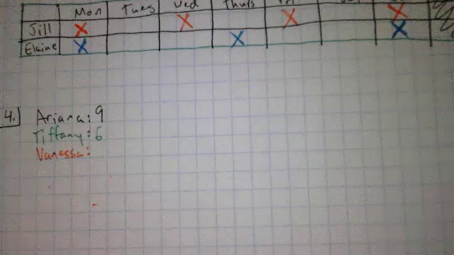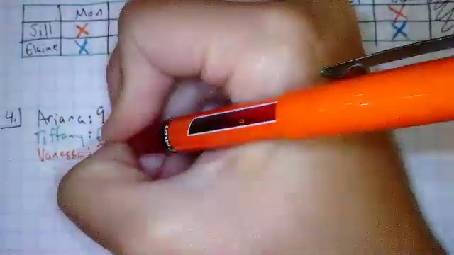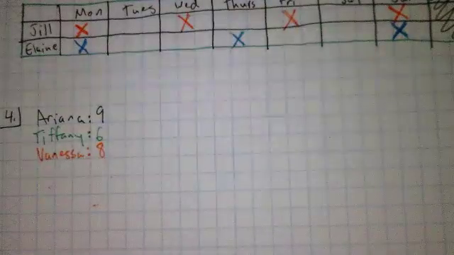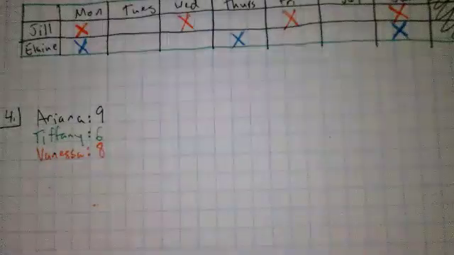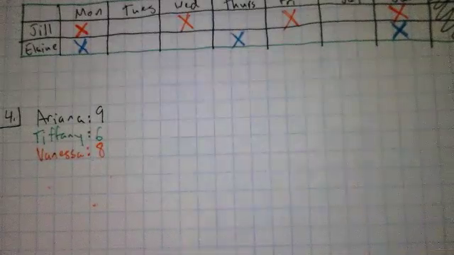So how old would Vanessa be here? 8. Okay. Are they all less than 10? Yes. Would this work with any higher numbers? No, because that would put them older than 10, right? Would it work with lower numbers? Yes, but it wants to know the oldest they could be.